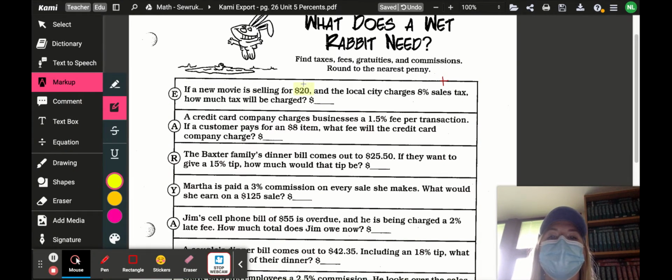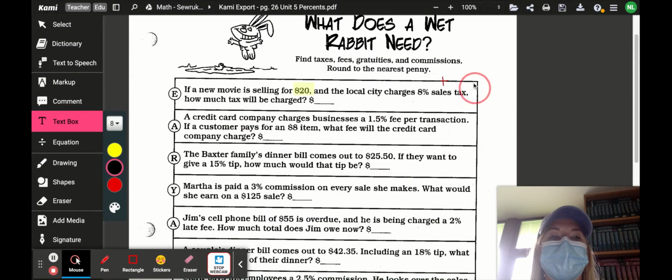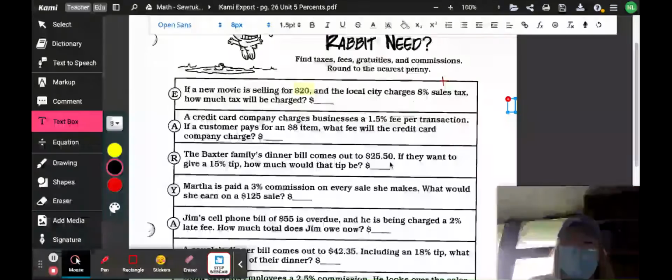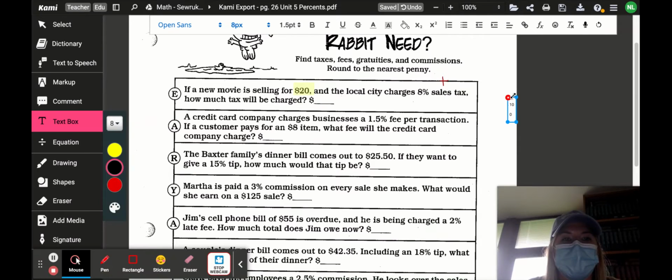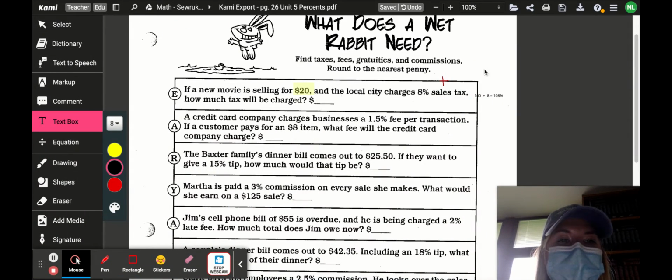Something I would do is, you're going to have to pay 100% of the $20, plus an 8% sales tax. 100% plus 8 would give you 108%. You need to change that to a decimal.